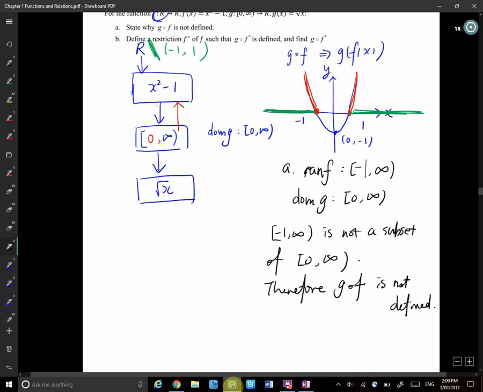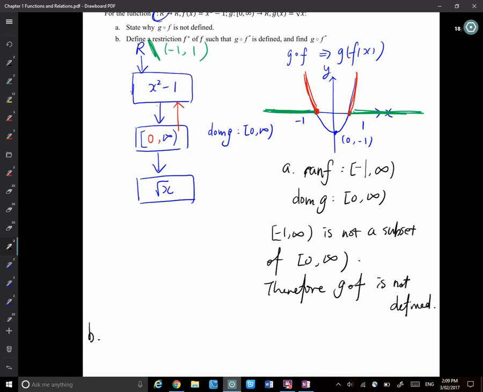The second question asks: define a restriction f star of f such that g of f star is defined. So I want to restrict the domain of f to form f star, a new function, for which this composite function can exist.